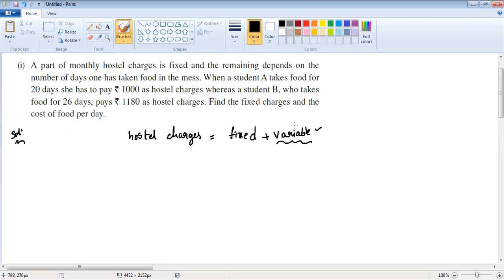For example, when you are hiring a taxi, recently new packages have come: 4 kilometers 400 rupees, 6 kilometers 600 rupees, 8 kilometers 800 rupees, or 4 hours 400, 6 hours 600, 8 hours 800. Such kinds of concepts have come.